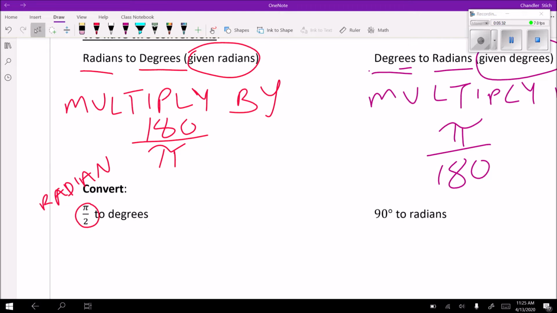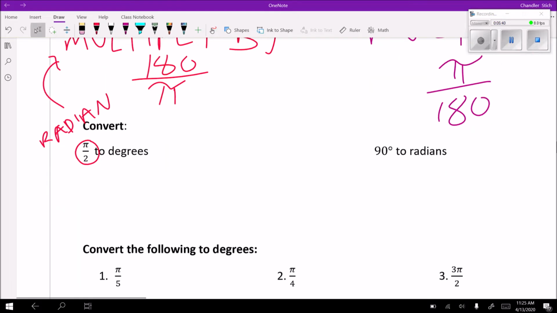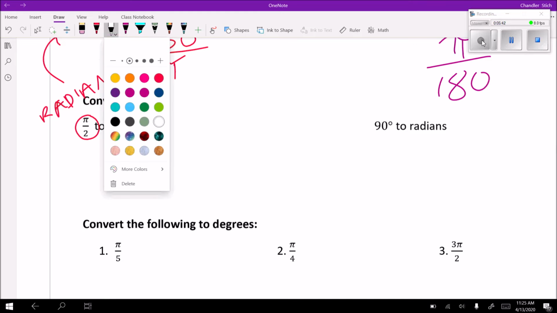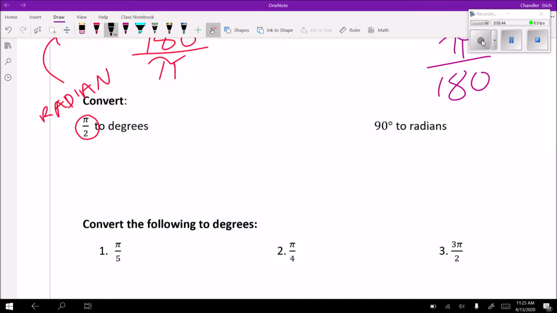So again, I'm looking right above. I'm given radians. I'm going to multiply by 180 over pi. Here we go. I start by writing what I started with, which is pi over 2. Now I'm going to multiply by 180 over pi.